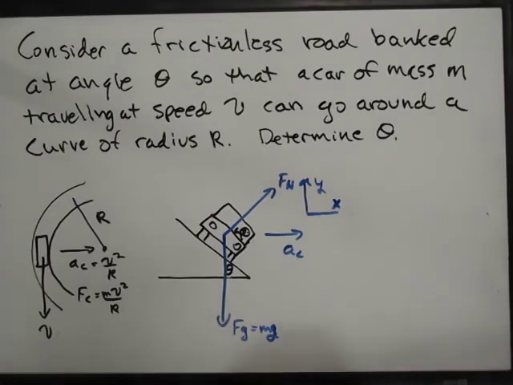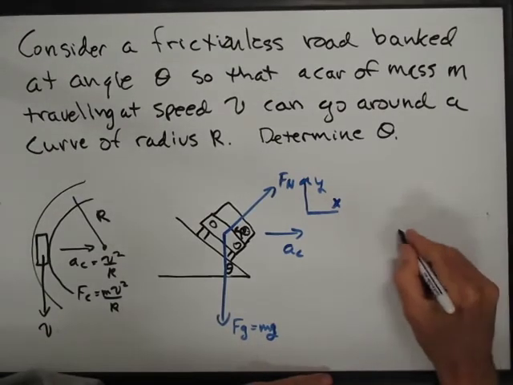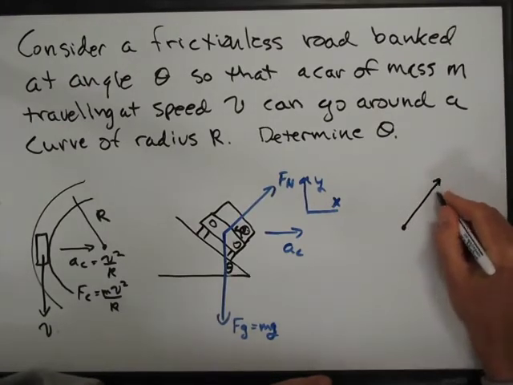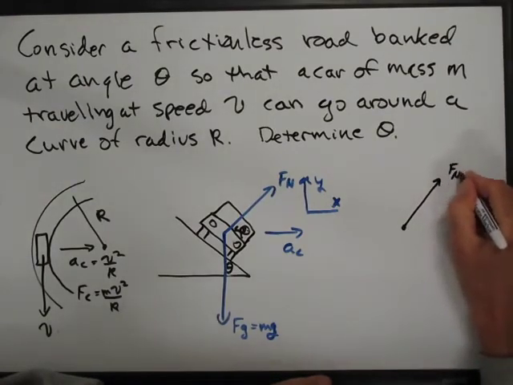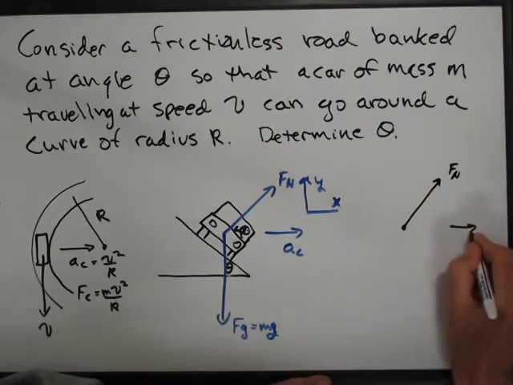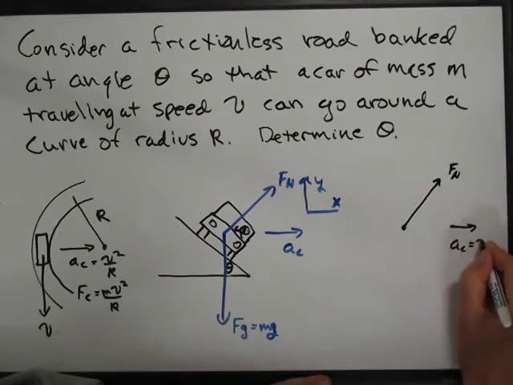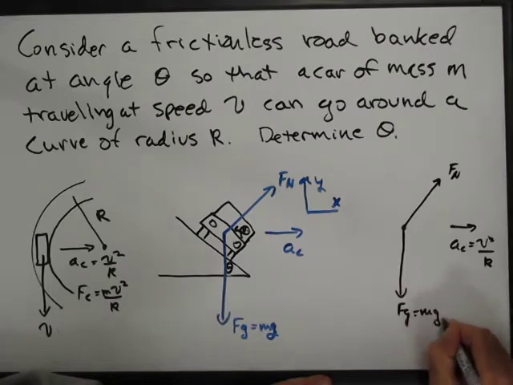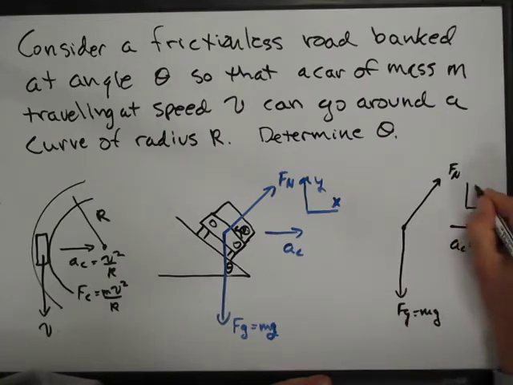If I were to actually draw a free body diagram here, I'd have my normal force going this way, I'd have my acceleration going this way, a sub c equals v squared over r, I'd have my force of gravity going this way, force of gravity equals mg, and I do my little coordinate system like that.